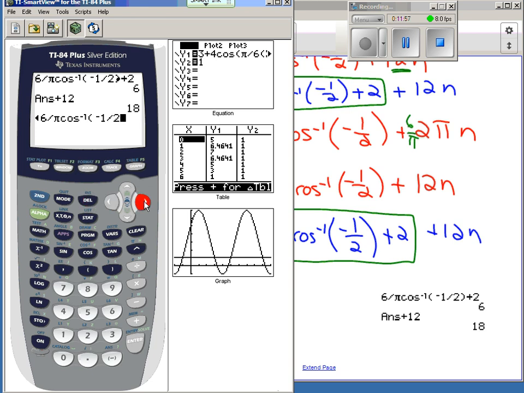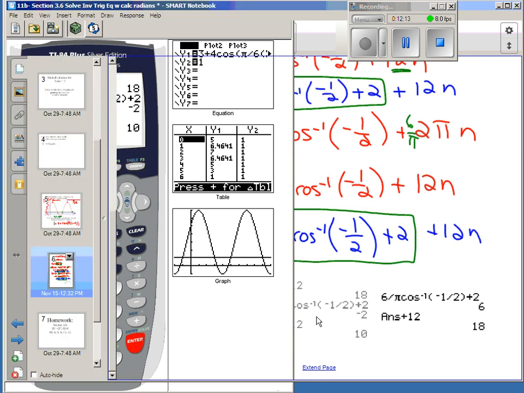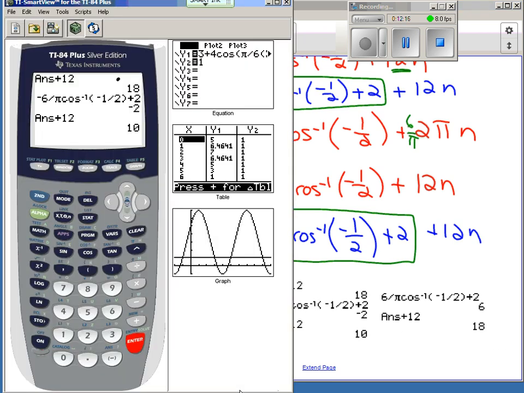And I'm going to take that answer and add 2. And that gets me a different starting answer. There's my -2, and then I could add multiples of 12. And there's the 10, and so forth. I could do more. So I have a general solution, and I have all my solutions.